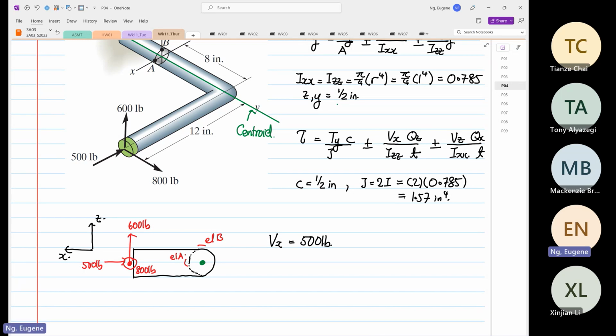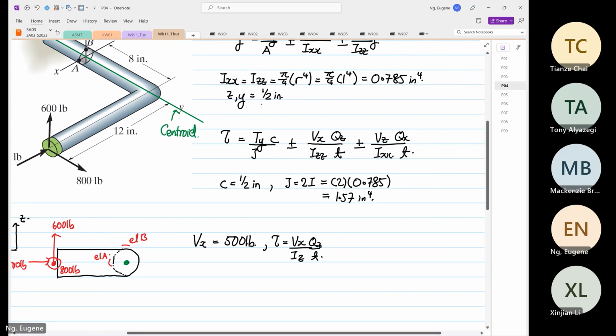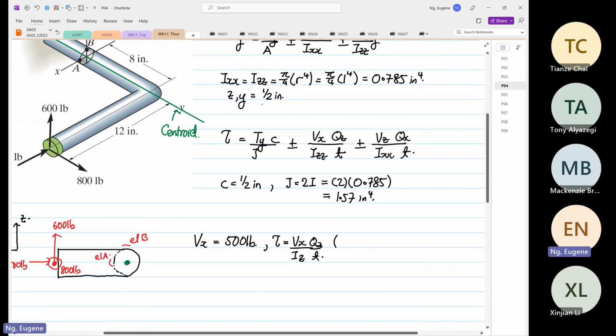And based on the formula, the shear is equal to Vx over Izz times Qz over T. So if you look here, element A will be equal to 0 for the shear.